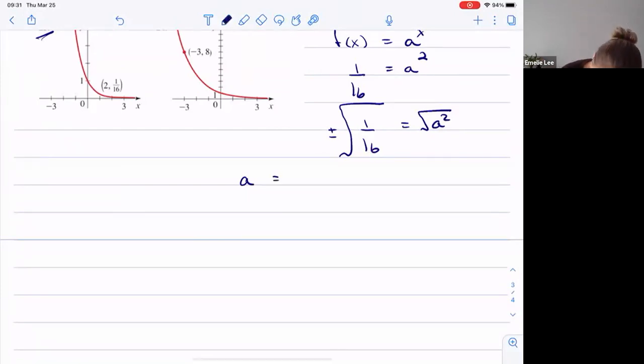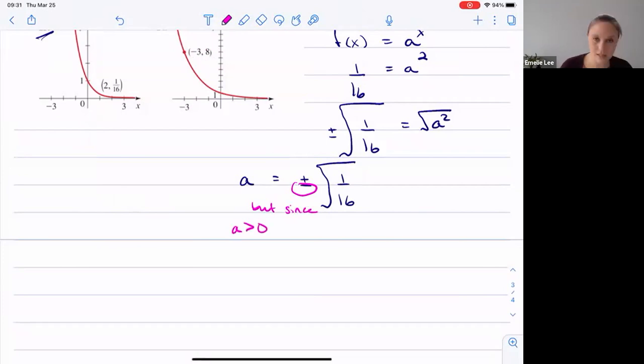So this becomes plus minus the root of 1 over 16. But since a is greater than 0, it has to be, we only consider the positive one.